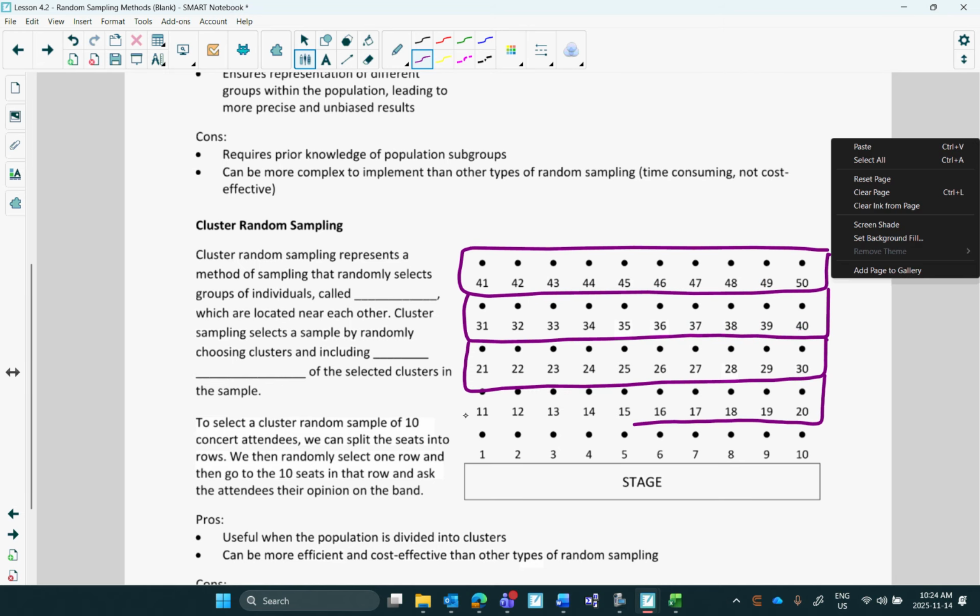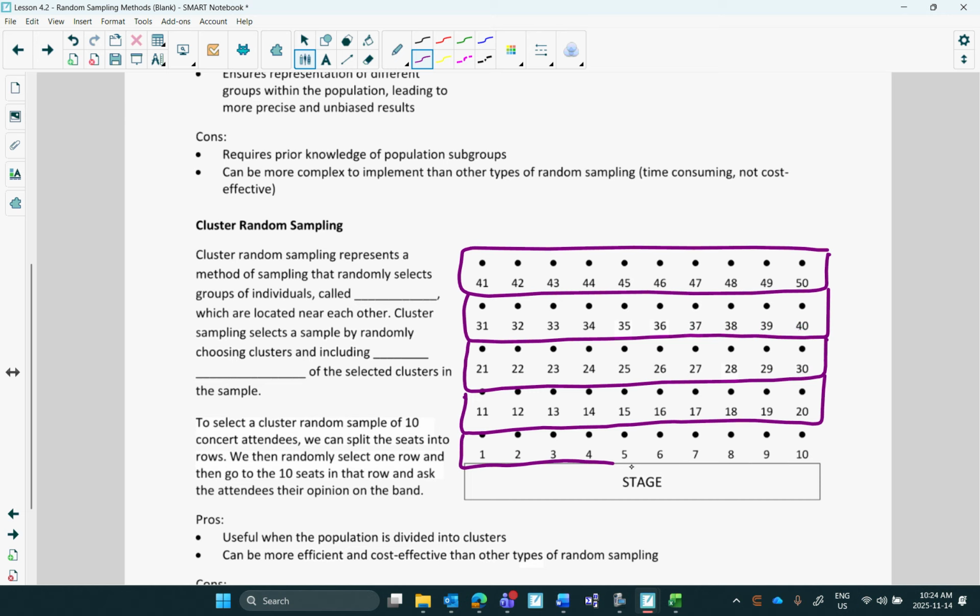We can do this. So I've got 5 groups. I'm going to randomly select a number from 1 to 5. And whatever that number is, everybody in that row gets surveyed. So if I got the 4th row from the stage, I would do everybody in this one. And you've got your 10.